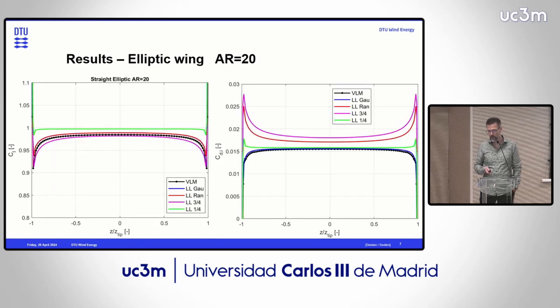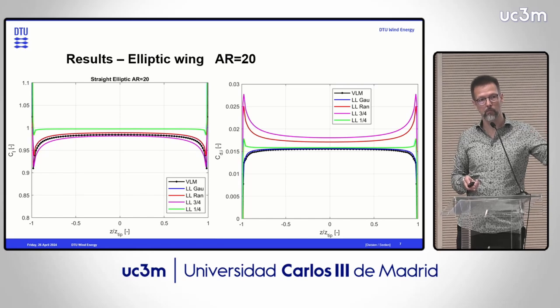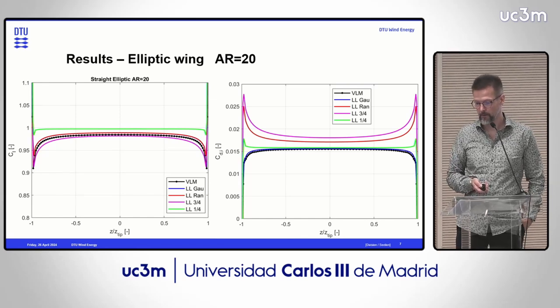There will be different ways of implementing a lifting line model. All these fancy colors are different models found in literature, how to implement lifting line. The one I suggest is blue, and my reference model, a vortex lattice model result, is black. Whenever a blue thing is close to a black, that means that at least the way I suggest seems to be working well. The airfoil data I use in my model is just 2 pi alpha lift and 0 drag, because it's a vortex lattice method thing.